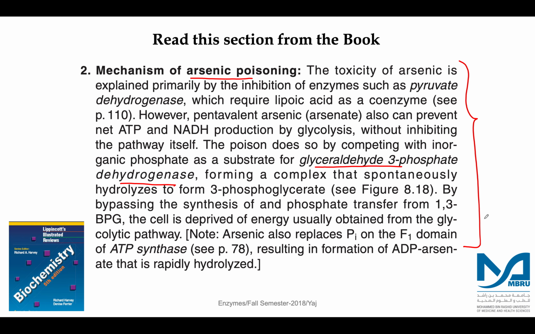So the take-home message here is that in arsenic poisoning, carbohydrate metabolism, or glucose metabolism precisely, is completely impaired, and that leads to toxic effects of arsenic.